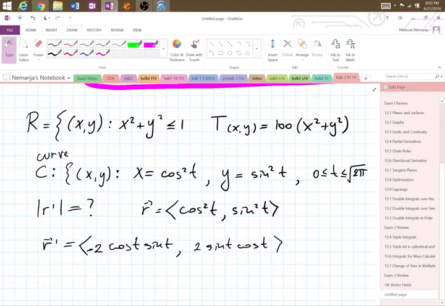And then we square them and we add them. So the magnitude is going to be, well, can we write this as 2 sine 2t?